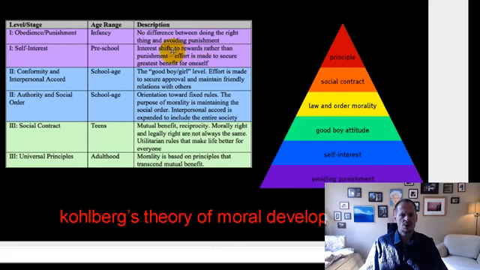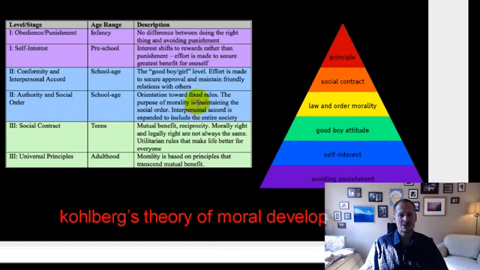Then interest shifts toward rewards rather than punishment, and effort is made to secure the greatest benefit for oneself. Then the good boy, good girl level: effort is made to secure approval and maintain friendly relations with others. A lot of my behavior is still right here. What do people think of me? I want good relationships with my friends and colleagues, so I'm going to act in certain ways.